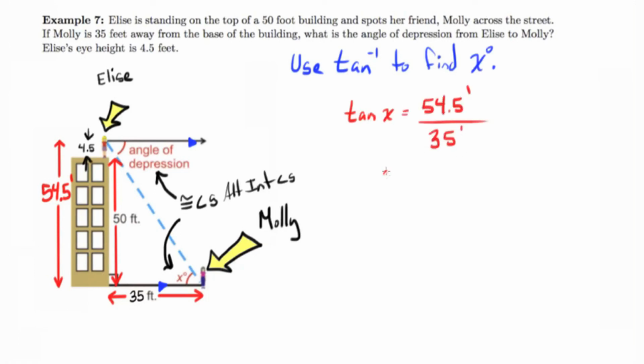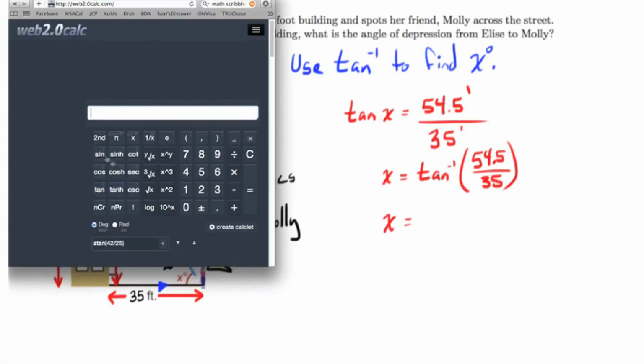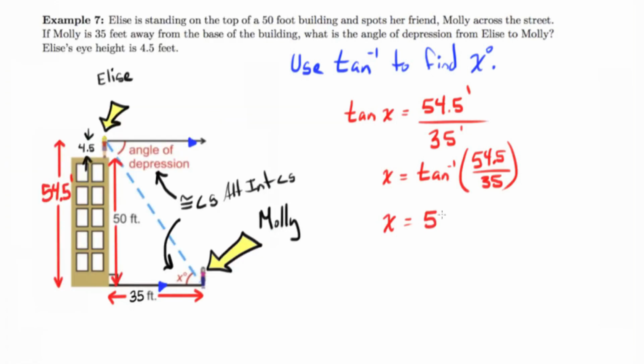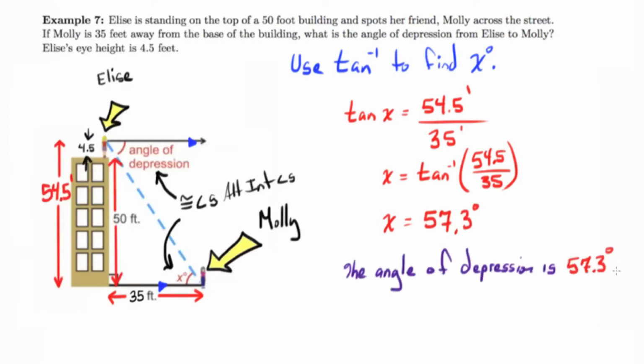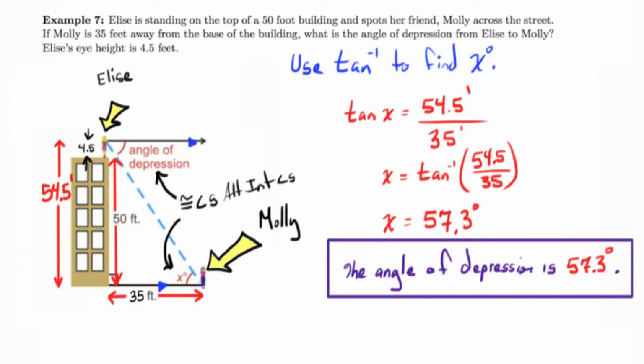So the total height at eye level would be her height plus the building, which is 54.5, and Molly's 35 feet away from the base, so I use the inverse tangent of 54.5 over 35, and I get 57.3 degrees. And that's my angle of depression. And that's it. We're done.